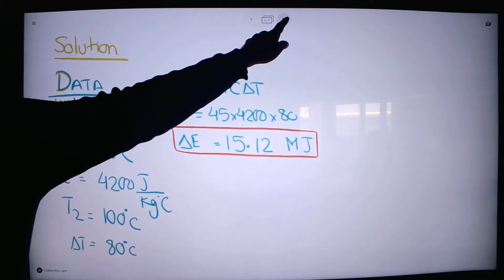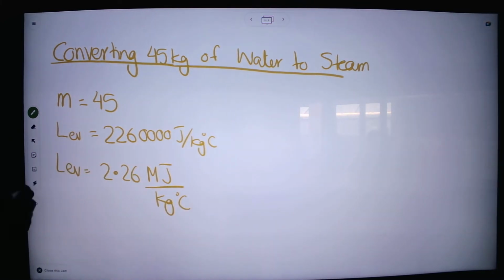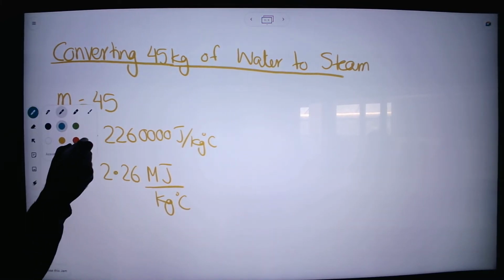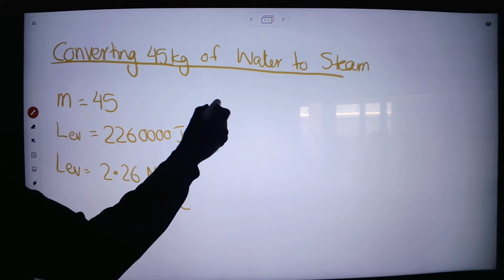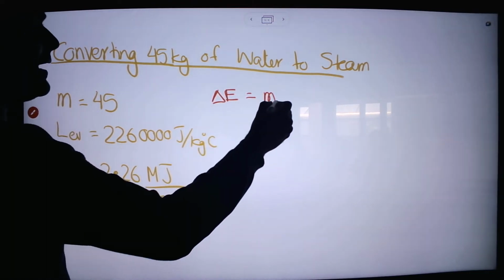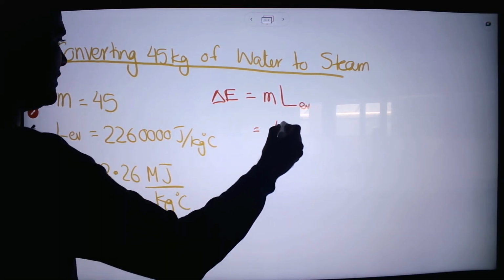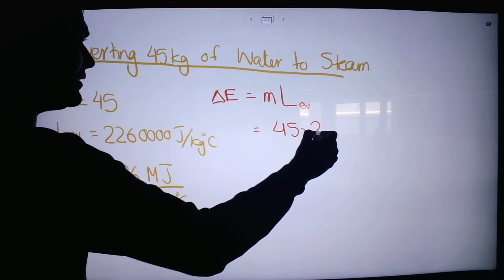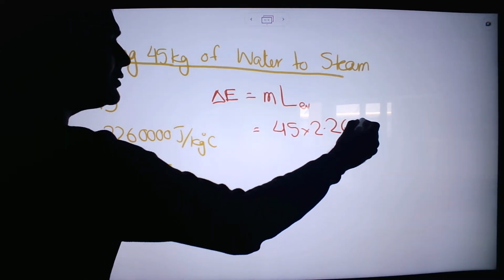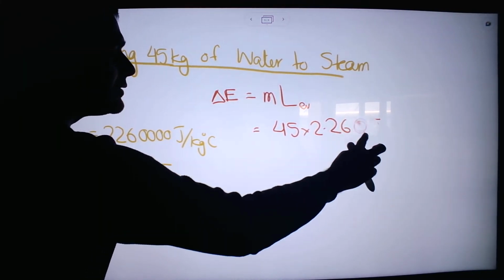So let's go back. If I want to do the change, it is mL evaporation, which is 45 times 2.26 megajoules, rather than putting megajoules, 10 to the 6.